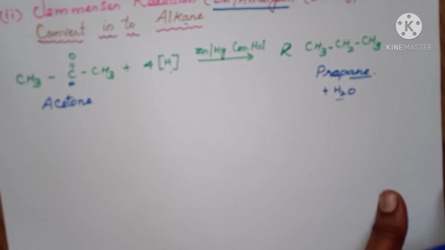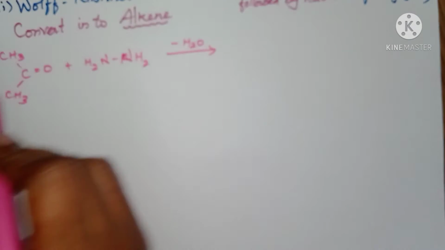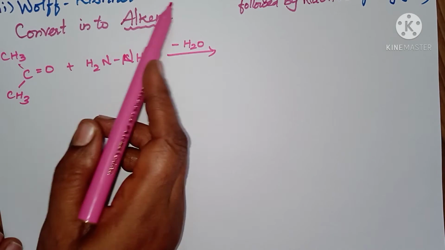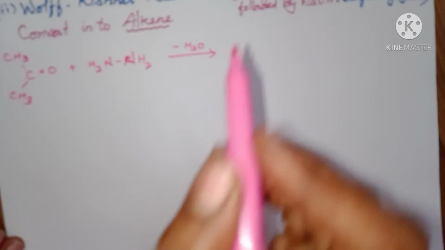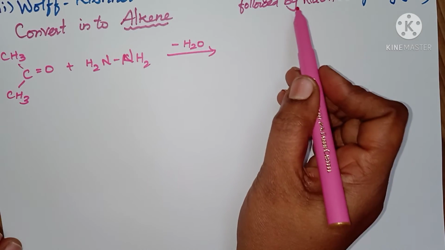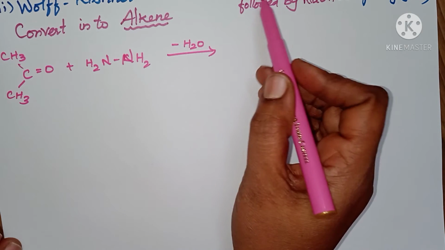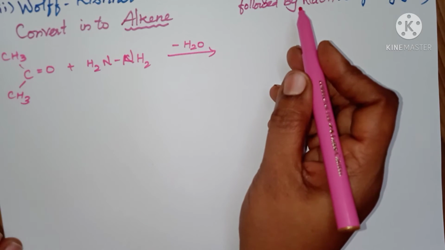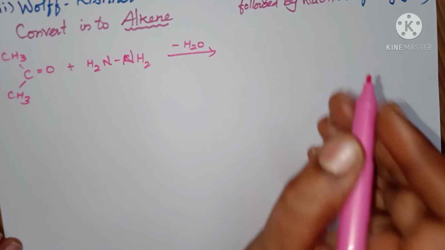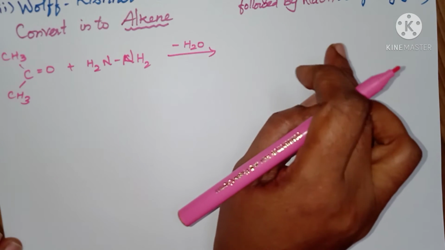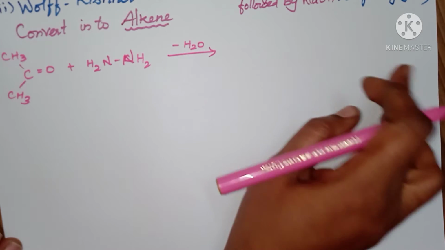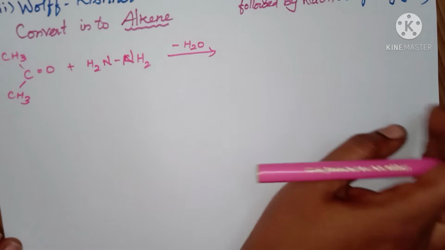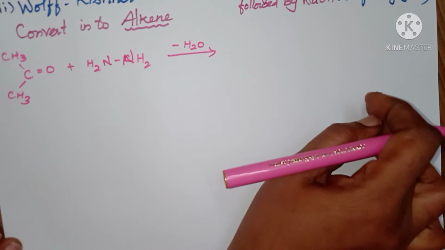Okay, the next reaction is the Wolff-Kishner reduction. Here, which one are we using as the reducing agent? Here we are using hydrazine. Last time we saw ammonia and its derivatives. In ammonia, NH3, one hydrogen is removed, and the NH2 amino group is replaced by one hydrogen.